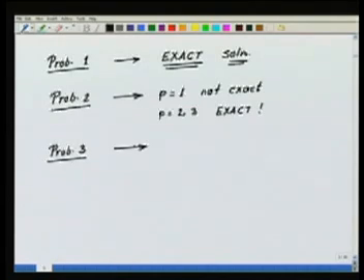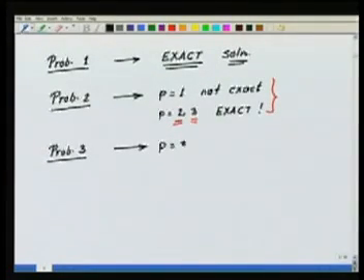Why is it exact? Again, because the exact solution is a quadratic polynomial, and a quadratic polynomial should be exactly represented by our approximations of order 2 and 3 because of the completeness. For problem 3, the exact solution is a cubic. So here only for p equal to 3 it is exact.